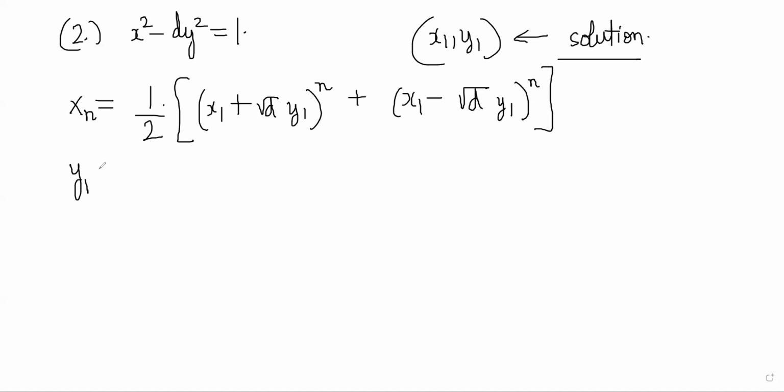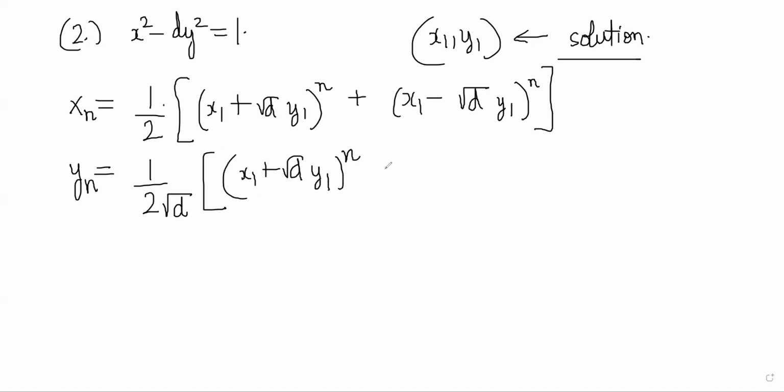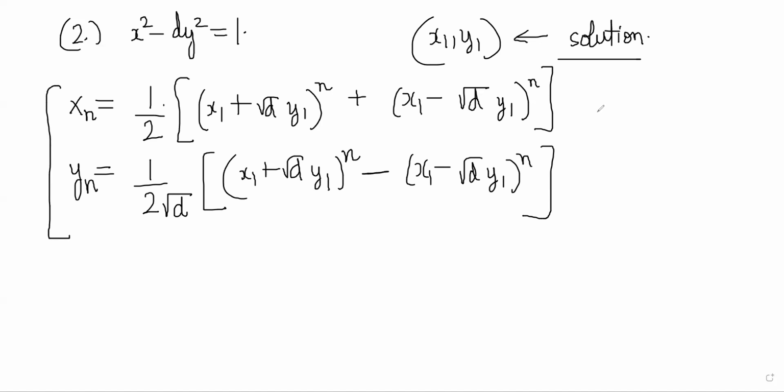And similarly, y n will be 1 by 2 root d times (x1 plus root d y1) power n minus (x1 minus root d y1) power n. So this is how you construct a new solution.